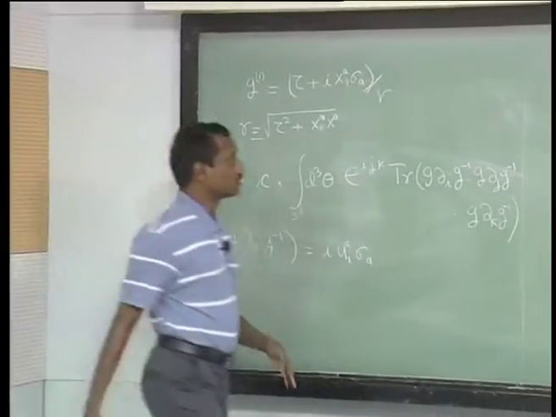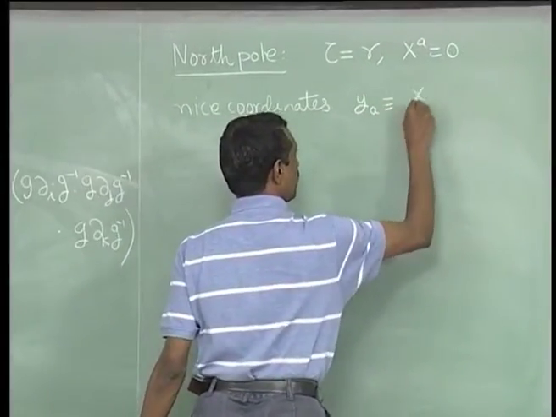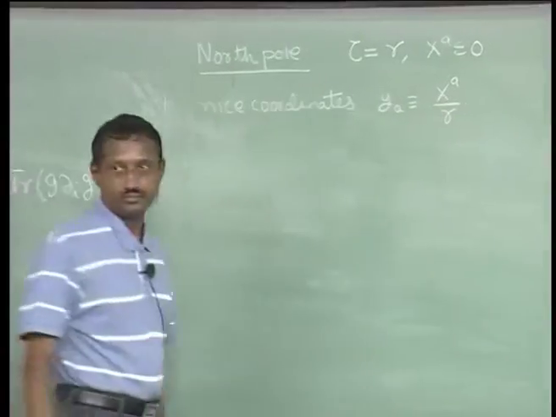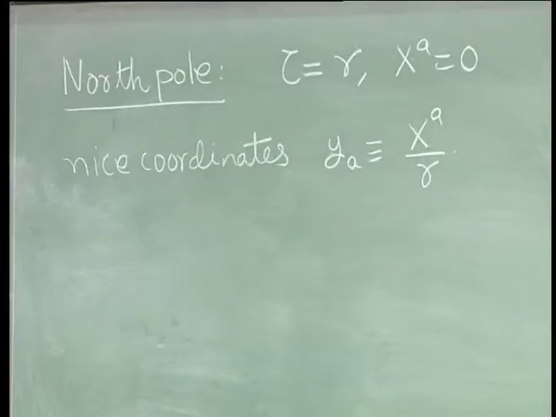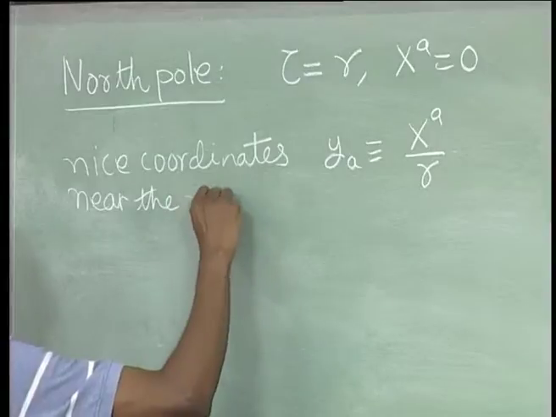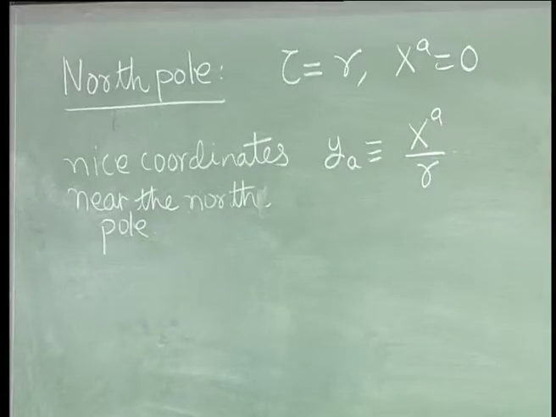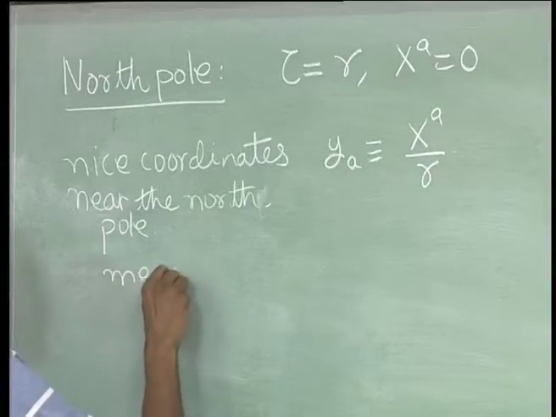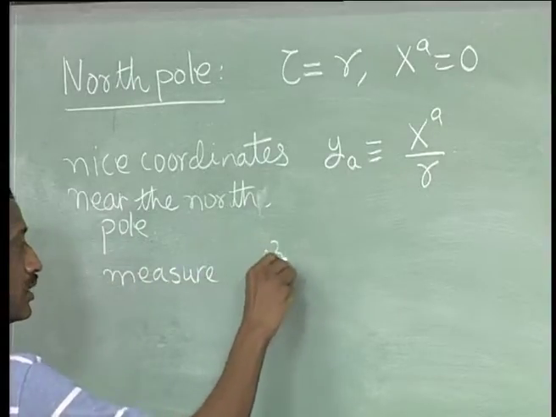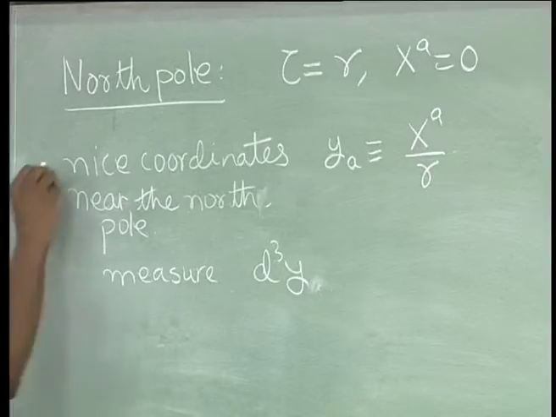Nice coordinates are y a's, which I will just define to be x a upon r, near the north pole. The measure would, for instance, be just d cubed y, the volume measure on S3.